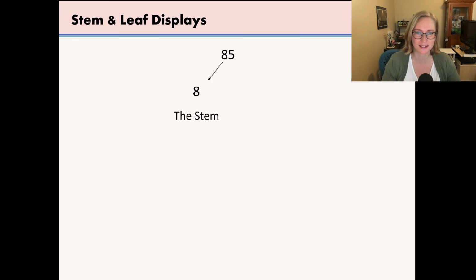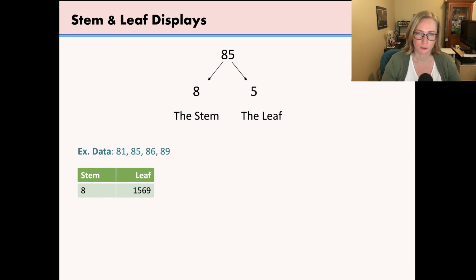If we're in the 80s, that's going to be the stem. The 5 is going to be the leaf. So for example, if we have a whole bunch of different 80 values, 81, 85, 86, 89, these seem like birth years for millennials like myself. Your stem is going to be the same because they're all 80s, but you're going to have 4 different leaves because you have 81, 85, 86, and 89.